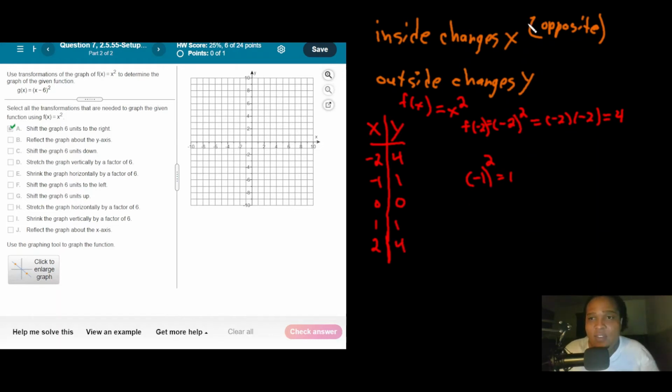So these are the original points of our parabola. This is the x squared parabola. I'll draw an xy axis for now.